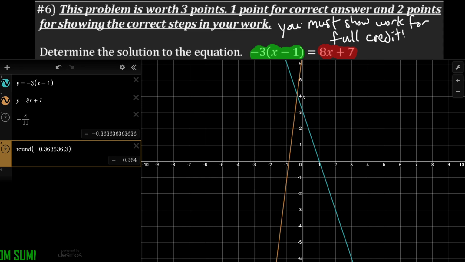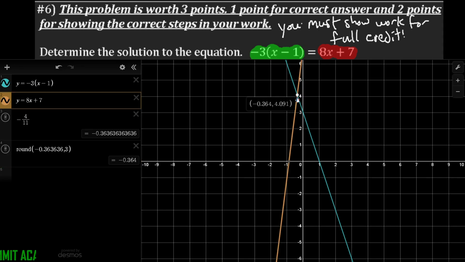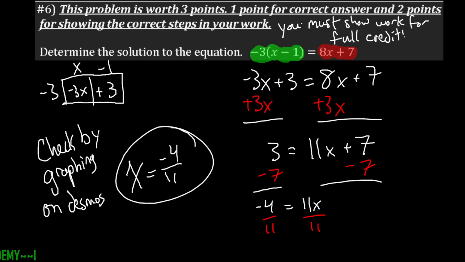So notice how -4 over 11 is the same as -0.364. Just make sure that you can either write the decimal like I have here, or you can keep your answer as the fraction. Either way works out.